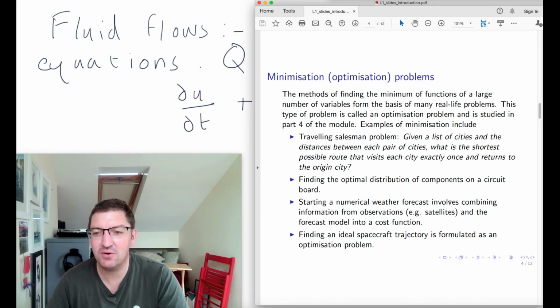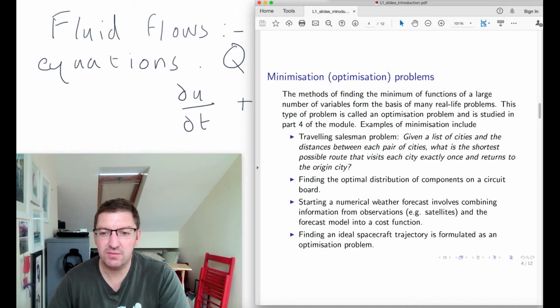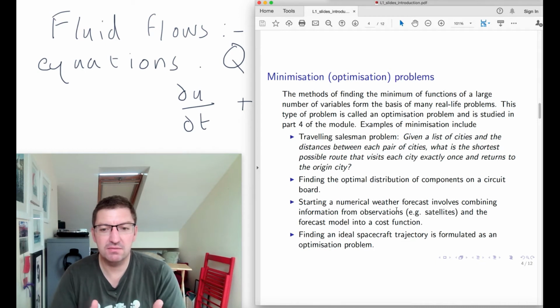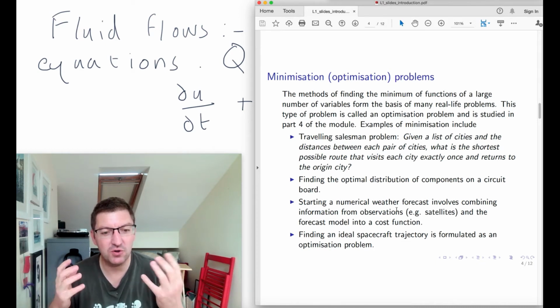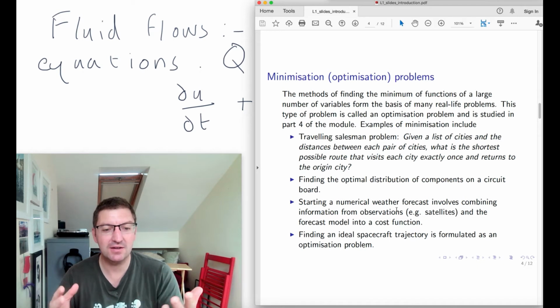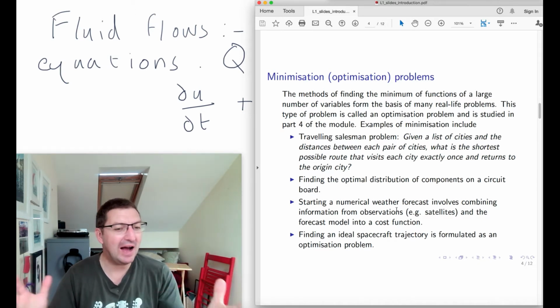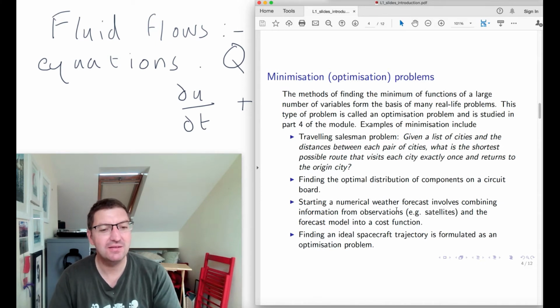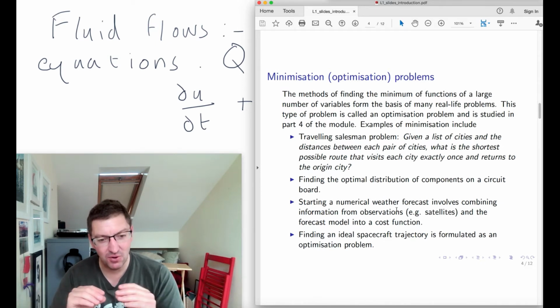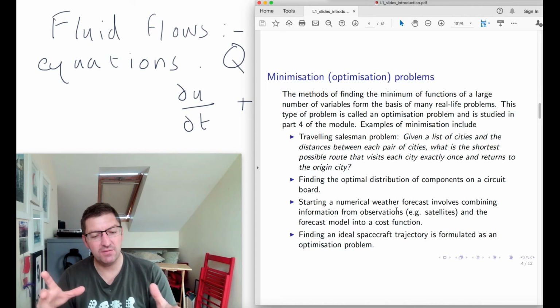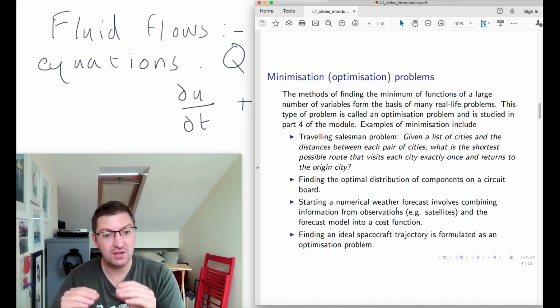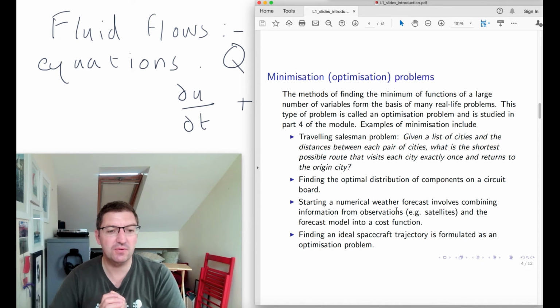Bigger problem is starting a numerical weather forecast. Now, when you start a weather prediction forecast at the Met Office, down the road, we need to combine 2 main sources of information. We need to find what are called observations, which are things like satellites and weather balloons and temperature sensors on the ground, etc. This huge vat of data comes in to the Met Office. And then you've got the state of your model that you're simulating the weather with. And somehow you need to combine all that information to find a starting point, an initial condition for your weather forecast model.